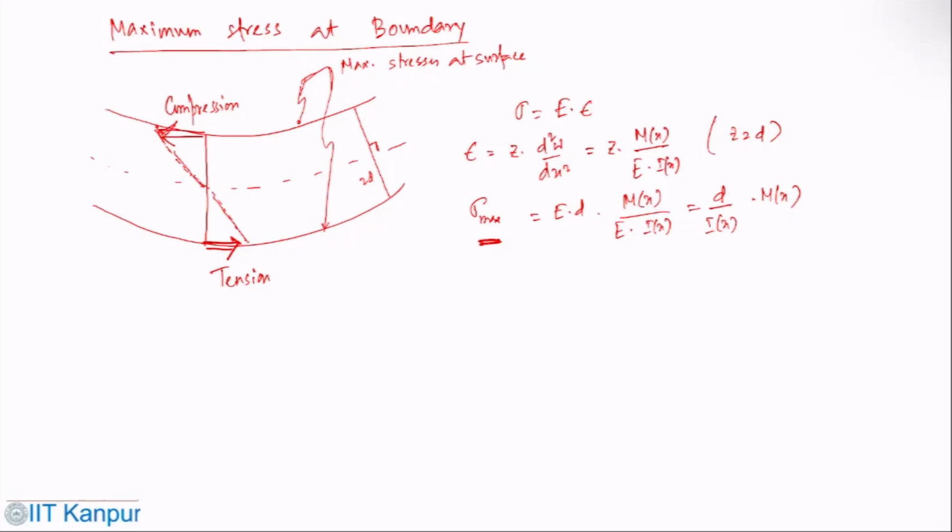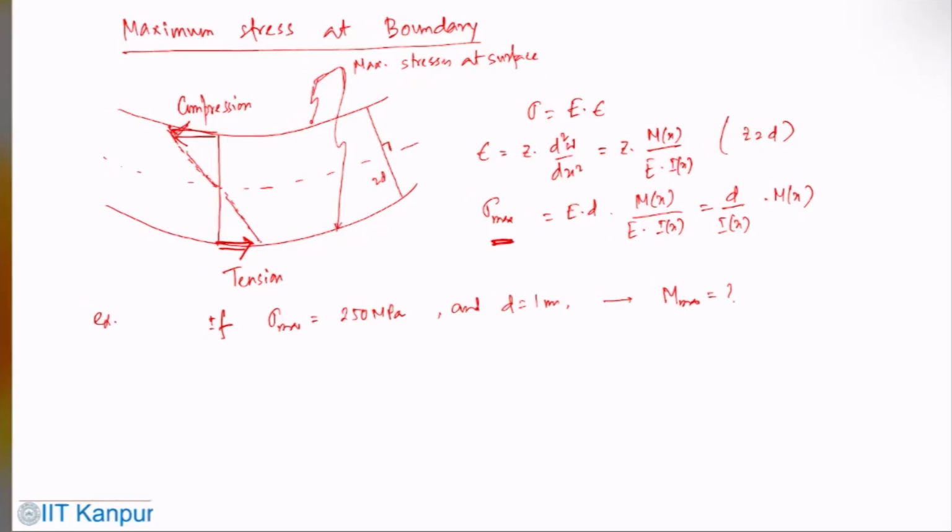Now we can expect some numerical value. Let's say sigma max equals 250 MPa and d equals 1 meter. So one can find out M max.